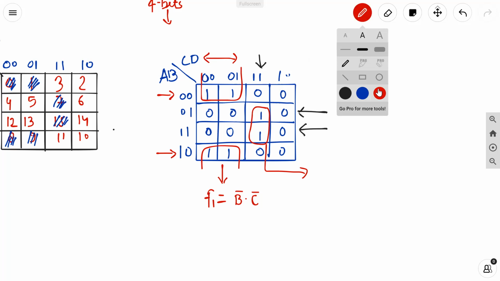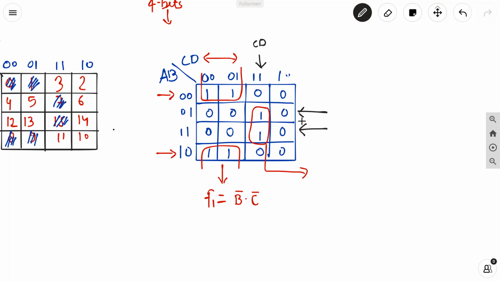This column has C and D both in true form, so CD is taken simply as this. For these two rows, B is available in its true form and not changing, while A is changing. So don't take A, simply take B. B is dotted with CD, because C is used once, with no change, and D is also used once. So we entirely pick this column, which is CD. This is F2.